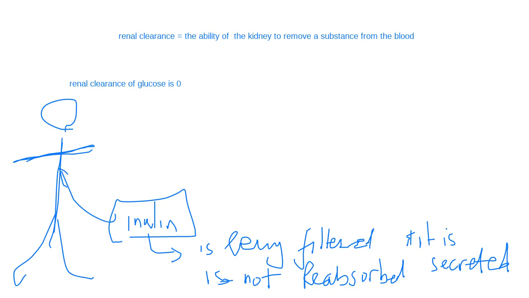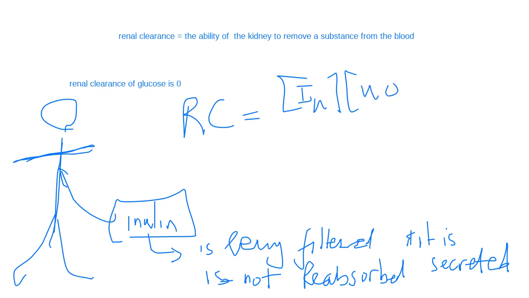So renal clearance is defined as the concentration of inulin in the urine, times the urine output, how much urine this person puts out, you give them a cup or something like that, divided by the inulin in the blood.